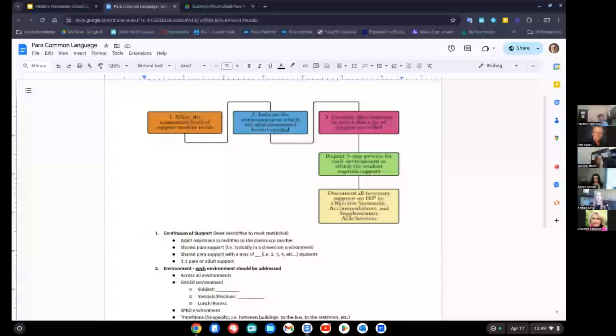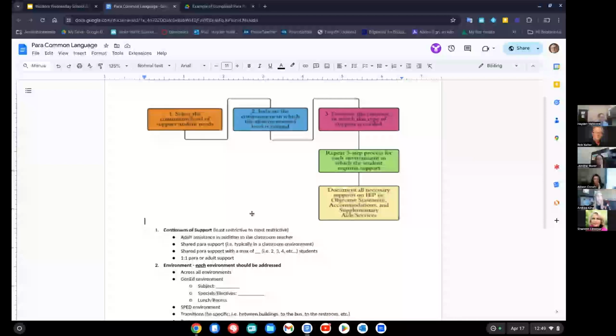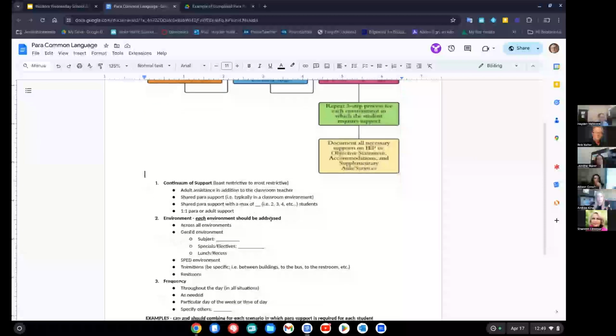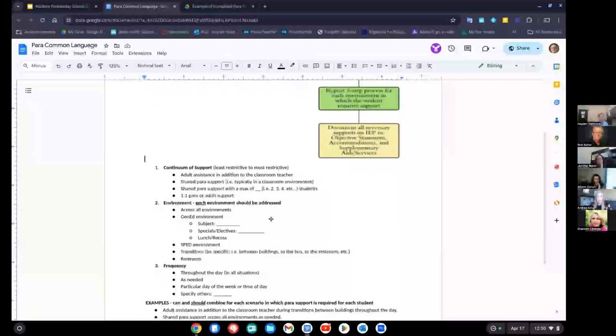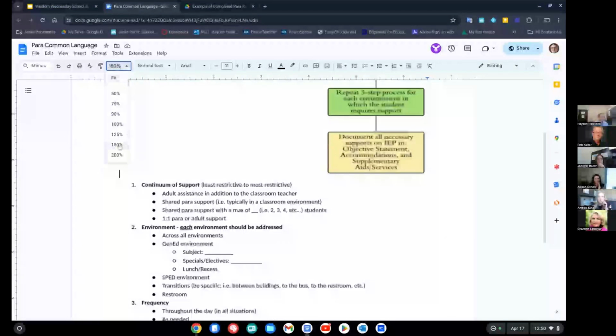So we have, Hayden put it up there, what we call para common language to help mainstream that communication, so sites are fully aware. And I don't know if it's small for you all, but can you make it bigger, Hayden? Is that possible?